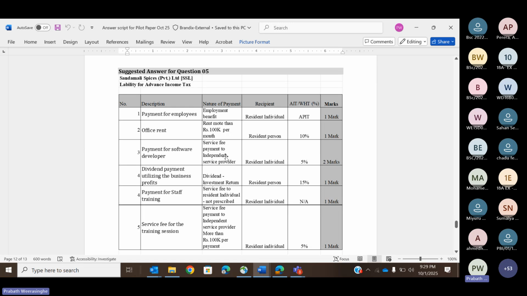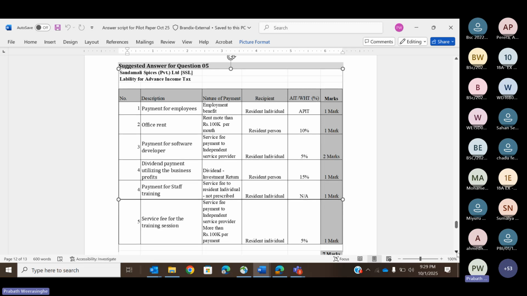Remember, the monthly amount is more than 100,000. So this is the format I have used, and it covers everything.